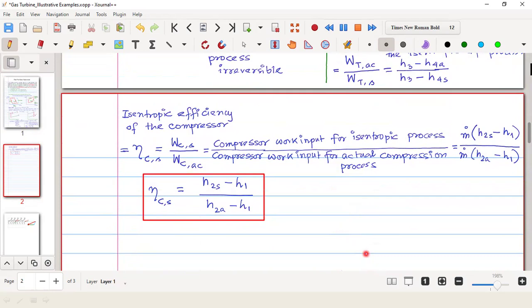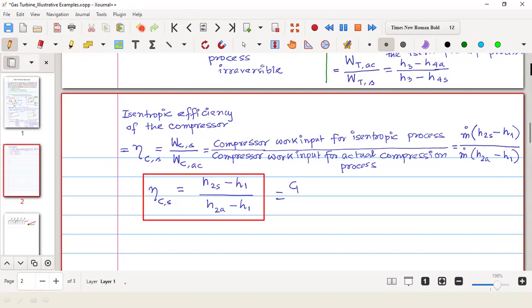So therefore, we can write the enthalpy change in terms of the temperature change. We will use that, so let us write it here. So what is delta H? Delta H is equal to Cp dT.